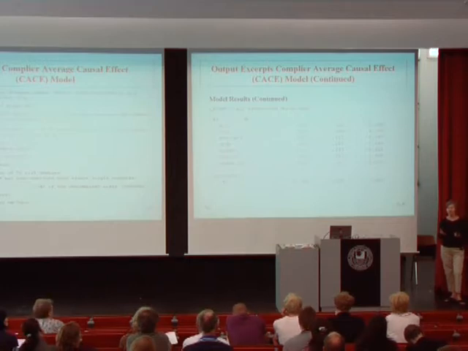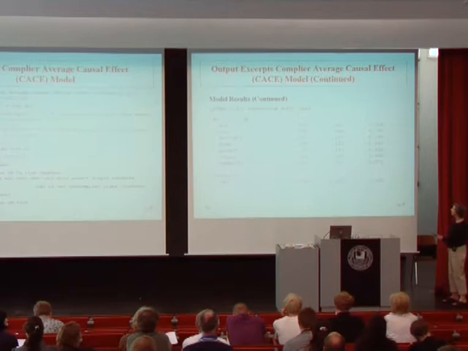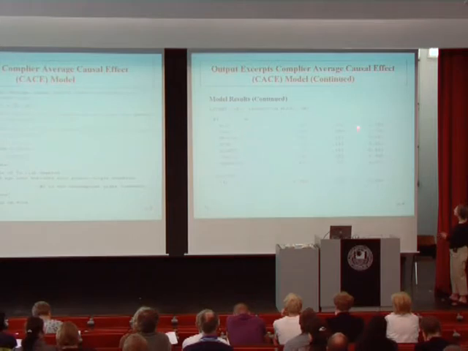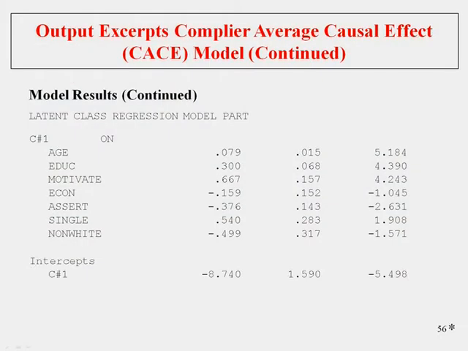So it was really important to know who they are. So as we can see here, they seem to be older, more educated, more motivated, and less assertive, I guess. And so you can see here which are significant from the third column.